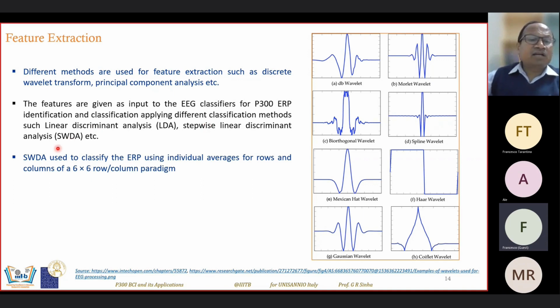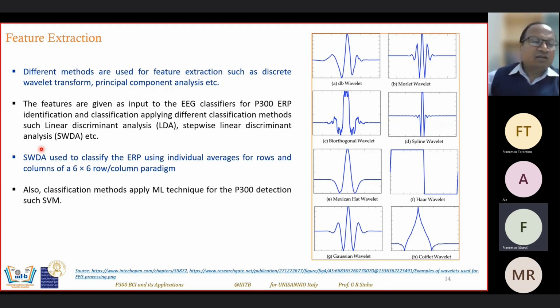Stepwise linear discriminant analysis is used to classify ERP using individual averages for rows and columns of a 6 into 6 row column paradigm. So there is a monitor where you are displaying some letters where 6 rows and 6 columns are there. So that is a very perfect fit for calculating individual averages using the stepwise linear discriminant analysis method.